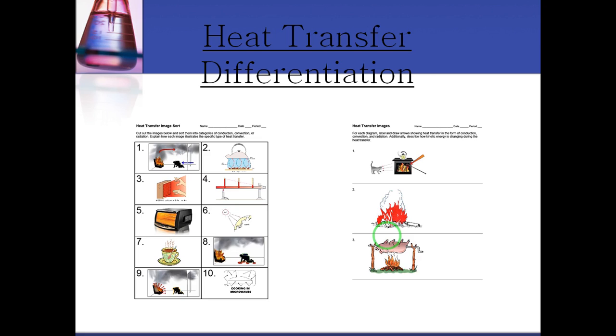The first image on your left hand side says that you have to cut out the images below. Do not bother, do not cut out, alright? What you have to do is just label them accordingly and send it off to me.